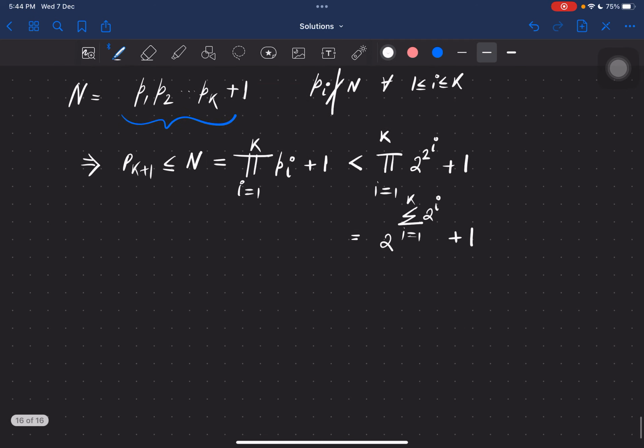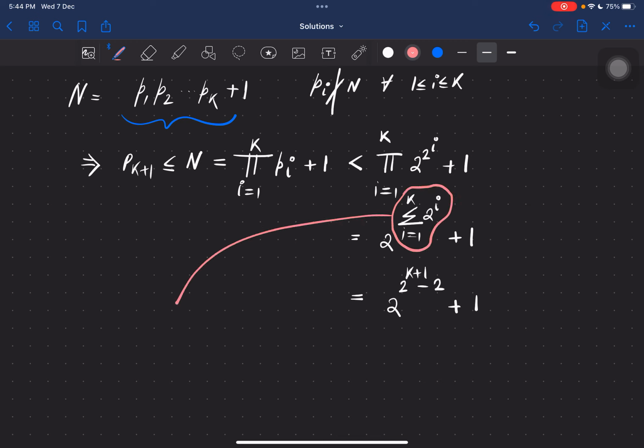Now you can check that it is nothing but 2 power k plus 1 minus 2. So this part, if we bring it down here, the summation i equal to 1 to k of 2 power i is nothing but 2 plus 2 square and so on.